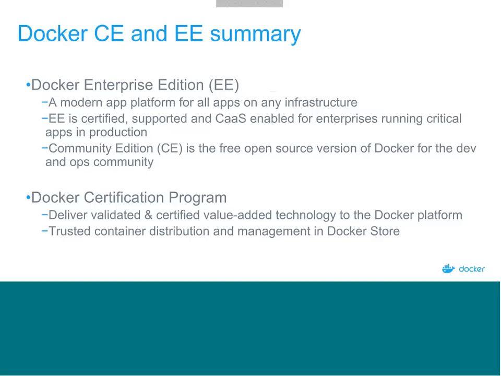We also provide certified content that runs on top of the platform. That's both plugins that extend and enhance Docker, and certified container image content that you can run on top of Docker Enterprise Edition. Then there's Docker Community Edition, which is the free open source version of Docker. That's great for dev and ops that want to roll their own setup and maintain it.